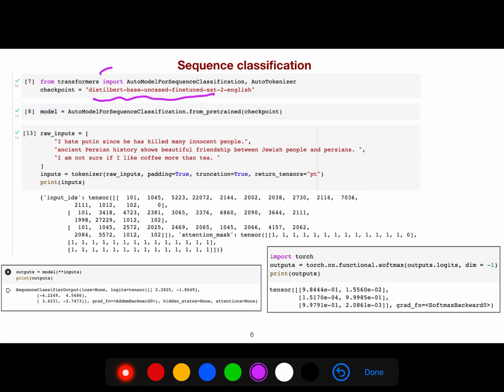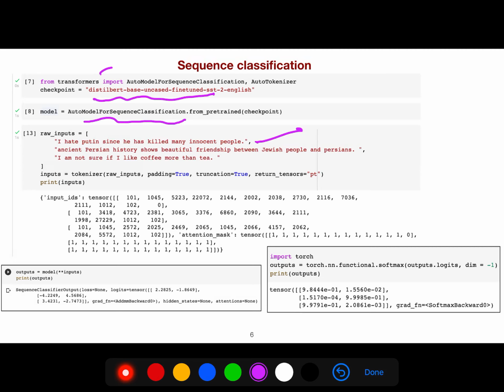Here we just need AutoModel for sequence classification, because we want to know the sentiment of each sentence. For example, "I hate Putin since he has killed many innocent people." Its sentiment is negative.